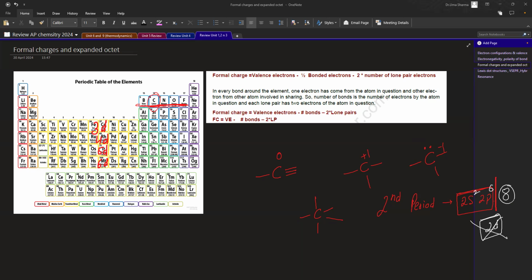So no expanded octet. So when I make 5 bonds around carbon, is it feasible? How many electrons are there? Count the electrons. Every bond is 2 electrons. So how many are there right now on carbon?